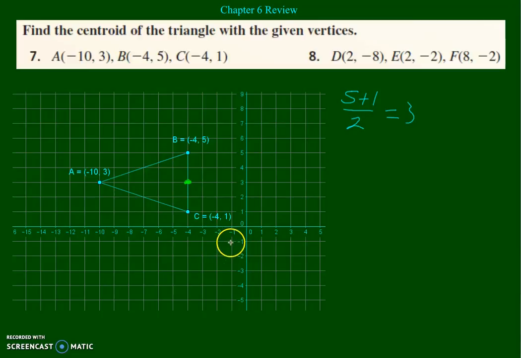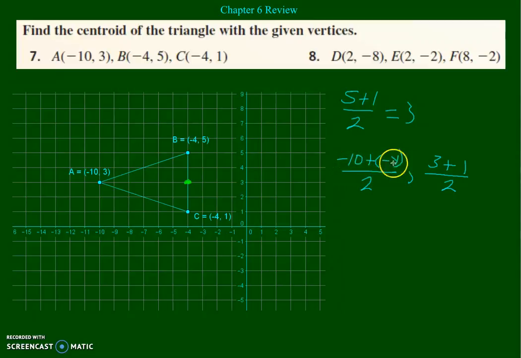Now we need to find the midpoint of AC, so we have to do the full nine yards here. We're going to have to do the x's and the y's. So we have -10 plus -4 over 2, and 3 plus 1 over 2.